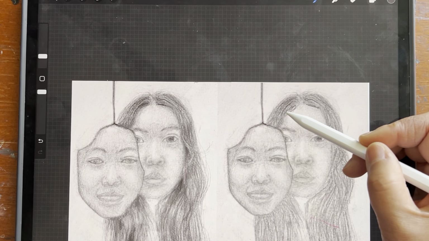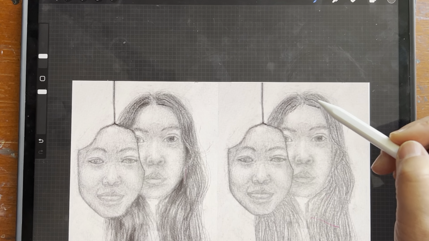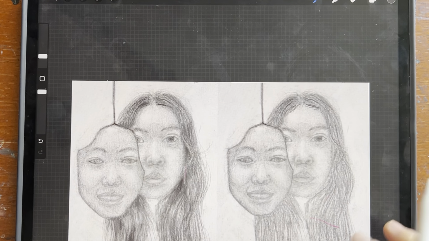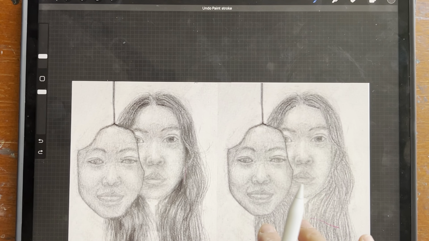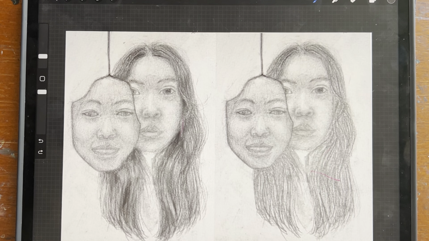They always have those little fuzzy hairs around, so they cannot have a very sharp edge there, right? Very hard and clear edge. So that's about it, okay?